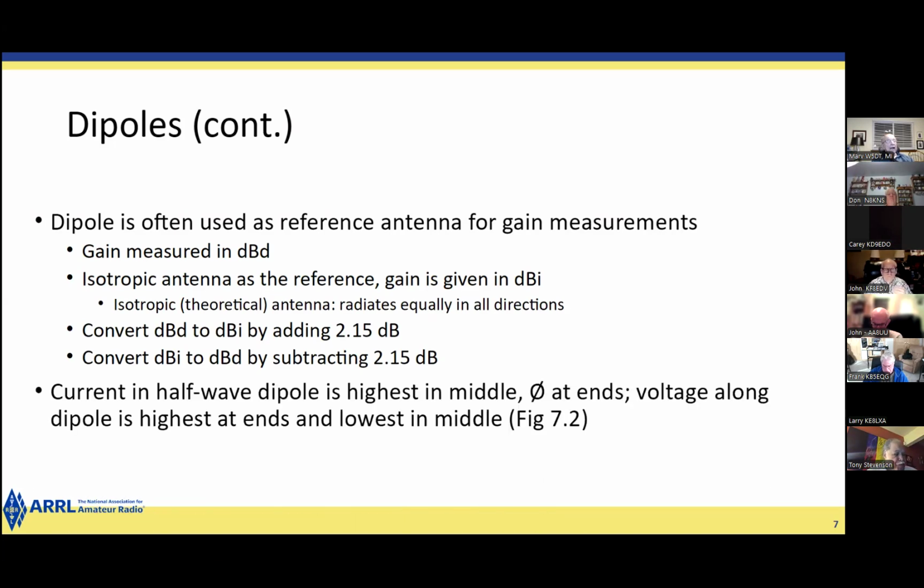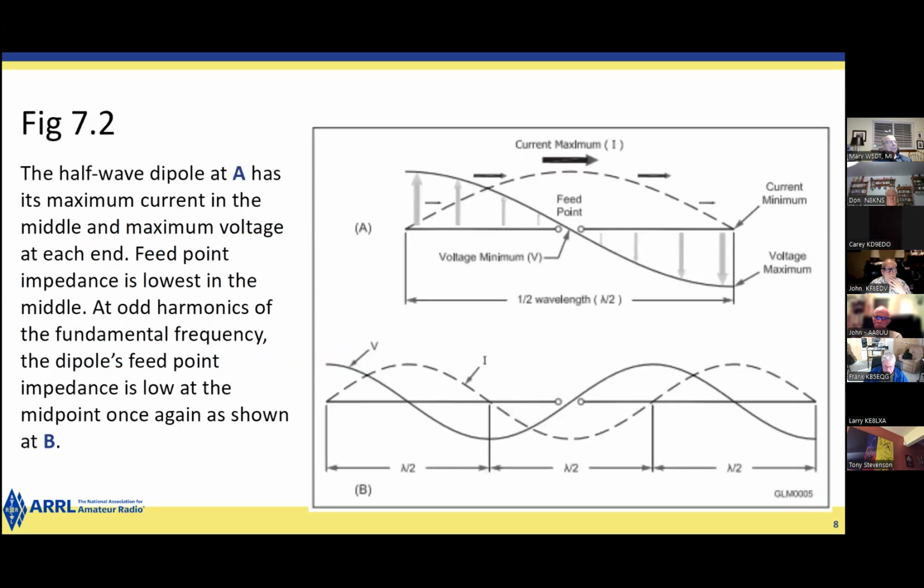The current in a half-wave dipole is highest in the middle and 0 on the ends. And voltage along that dipole is highest at the ends, lowest in the middle. It's typical. You have a feed point here with a voltage minimum and current maximum. And then your current minimum is over here, where you have voltage maximum.